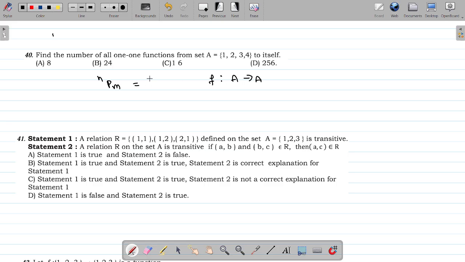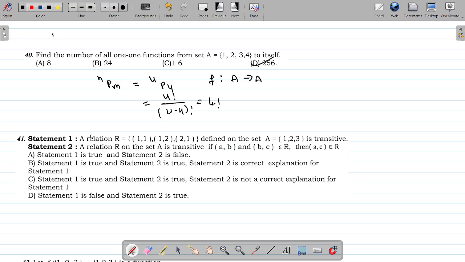It is 4P4. If you calculate this, 4 factorial divided by (4 minus 4) factorial, which is nothing but 4 factorial. How much is it? It is 256.